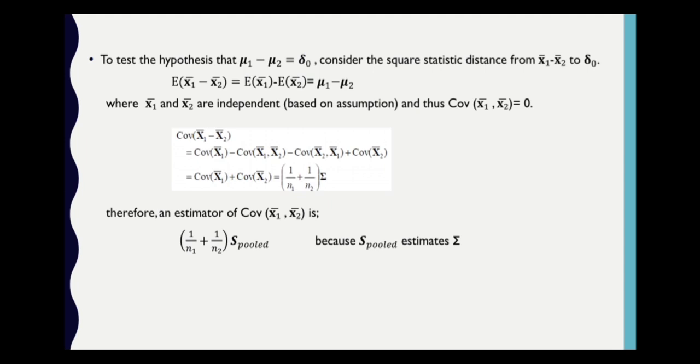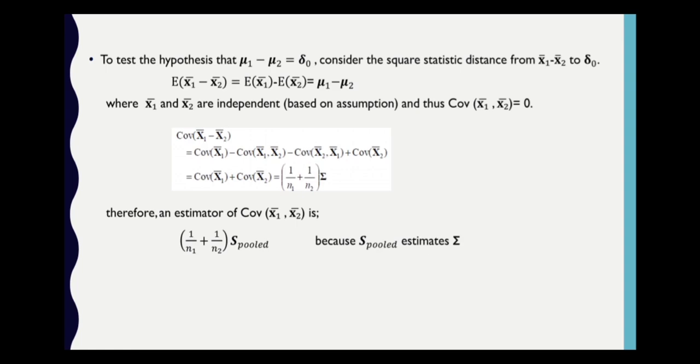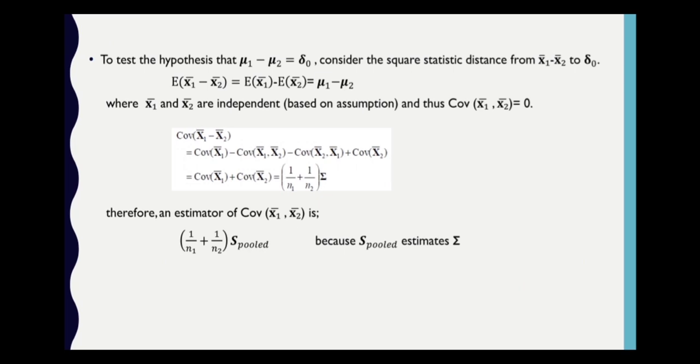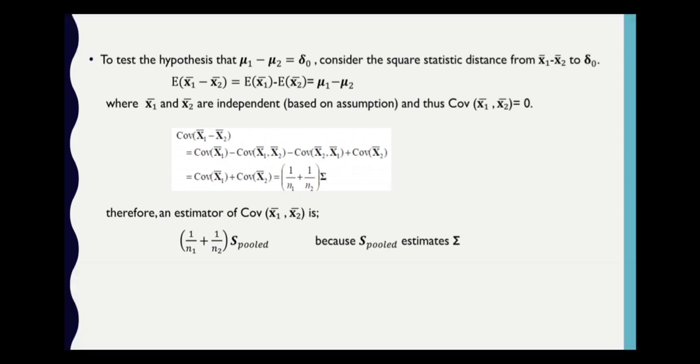Okay, so to make the test statistic, first of all we need to know this assumption. The expected value of x1 bar minus x2 bar is mu1 minus mu2, vector of mu1 minus vector of mu2.